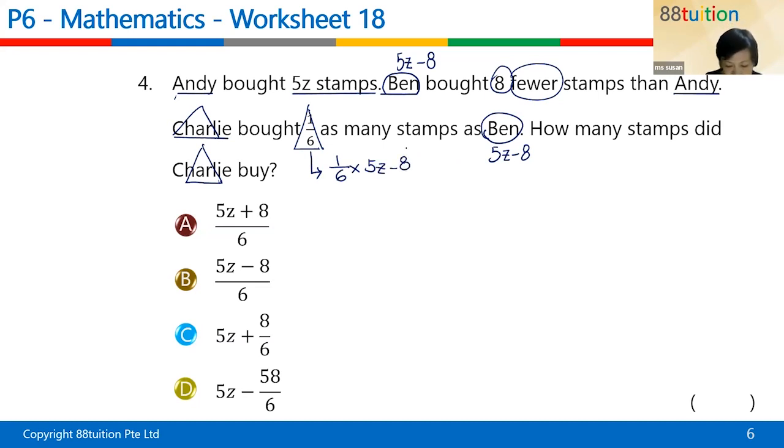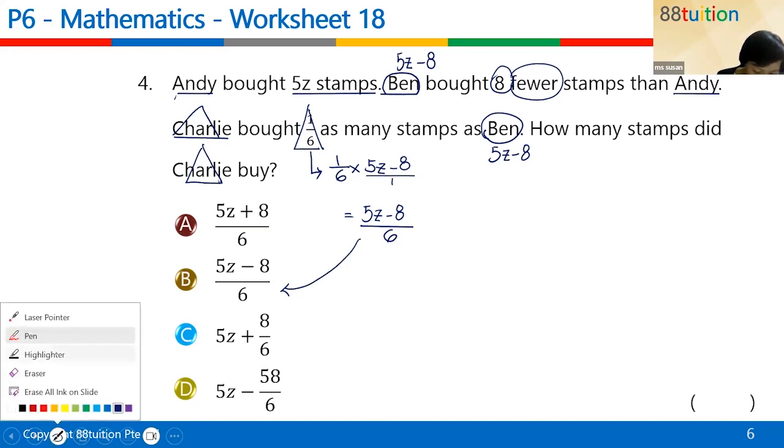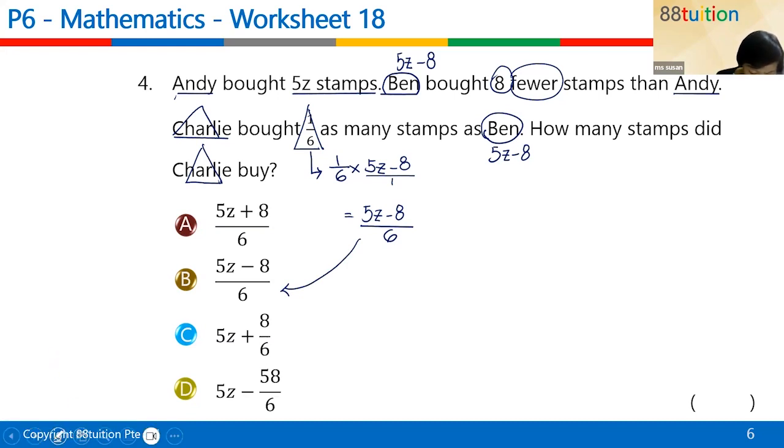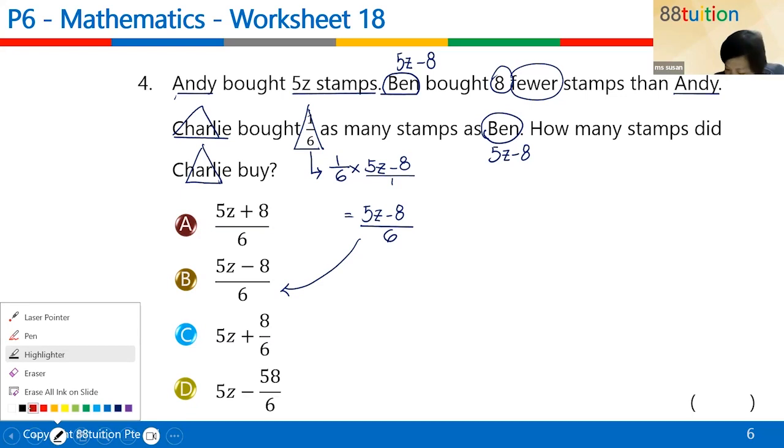Now since 5z minus 8, can I say this is over 1? Can, right? So technically, if you were to put them into single fraction, then this is over 6. 5z minus 8 over 6. Okay, is this difficult? No, right?